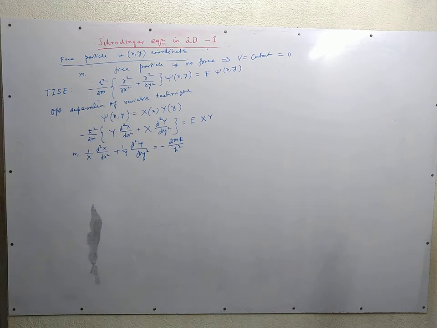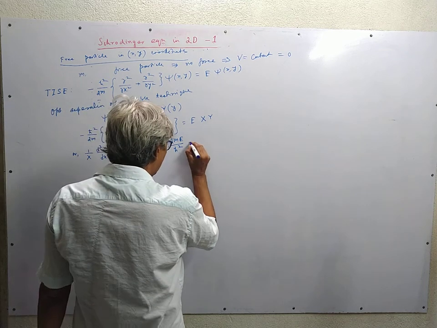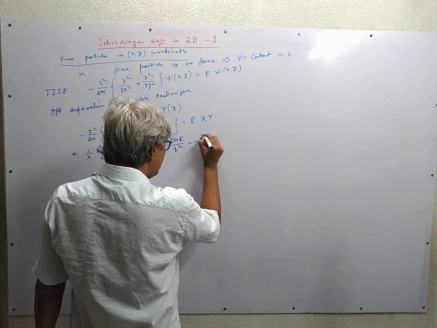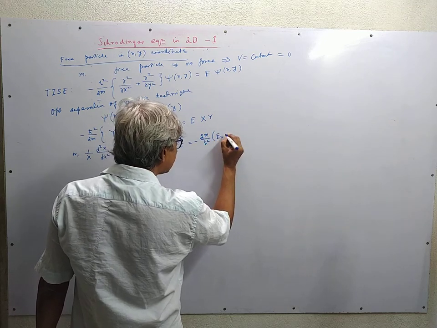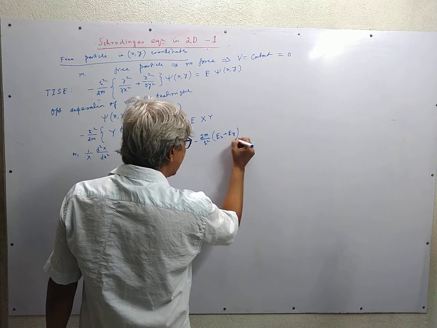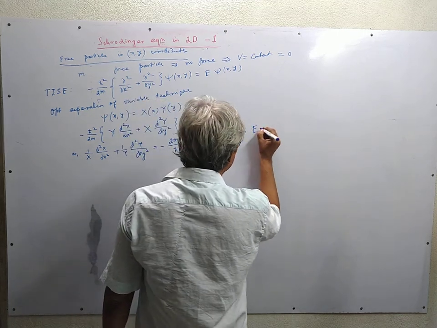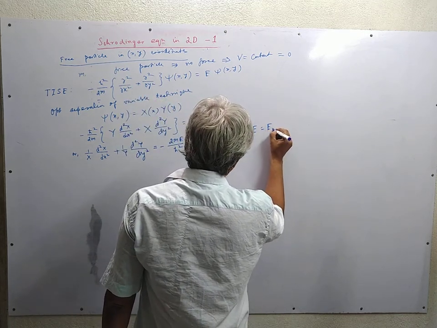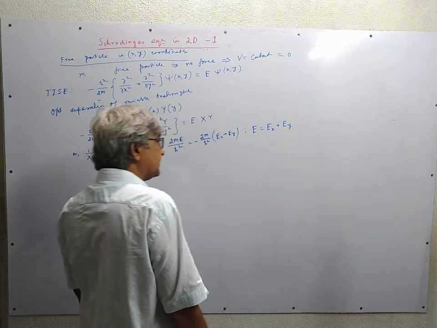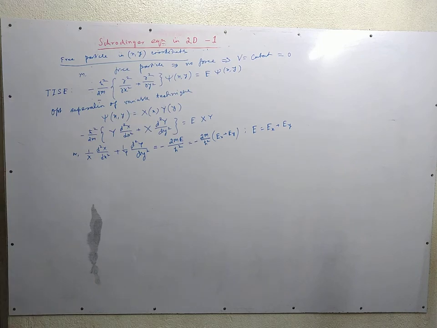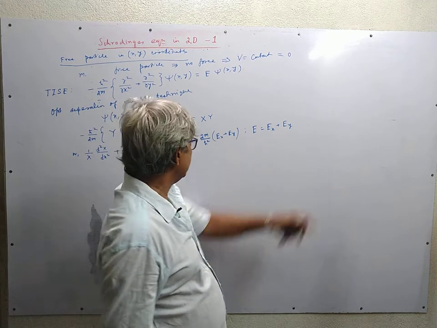Since x and y motions are independent, we can write it as minus 2m upon h bar square times E of x plus E of y. That is, we write the total energy of the particle as the sum of its energy due to x motion and y motion. Since the x and y motion are not correlated, we can write it always.